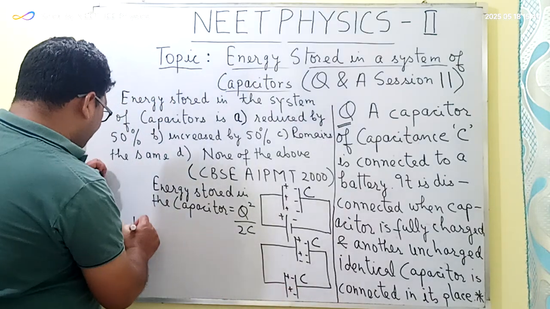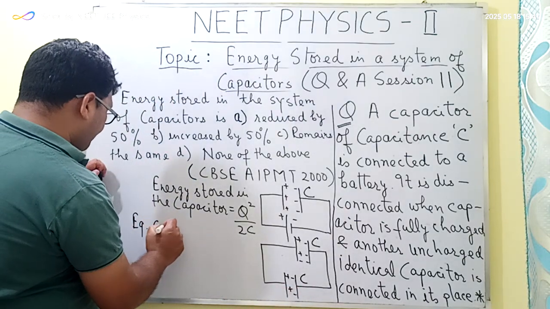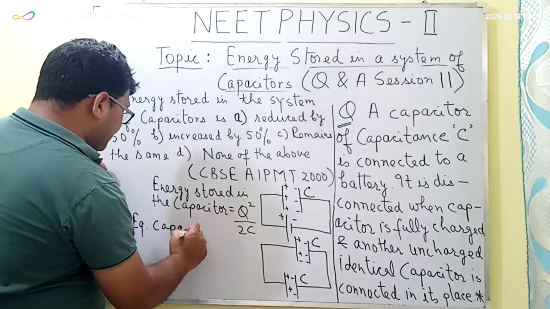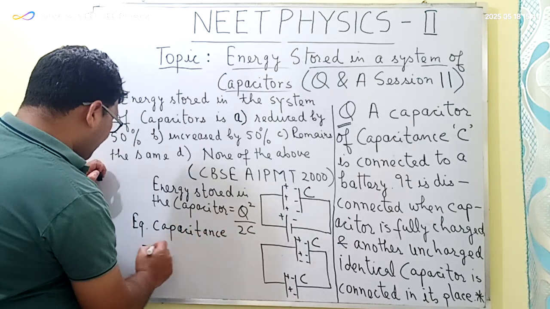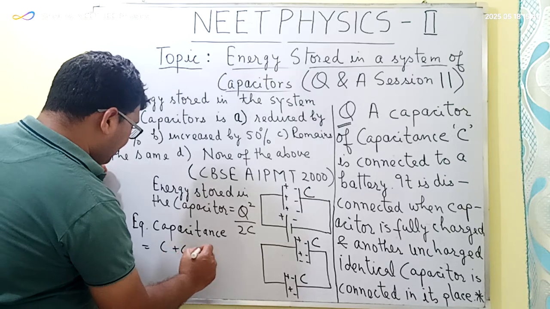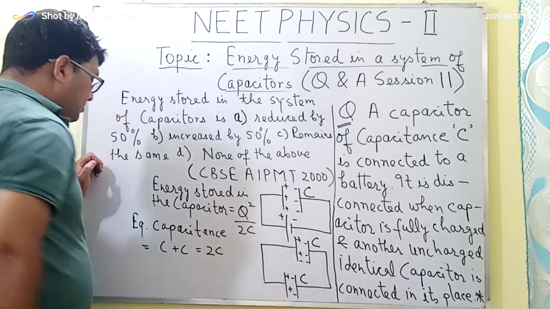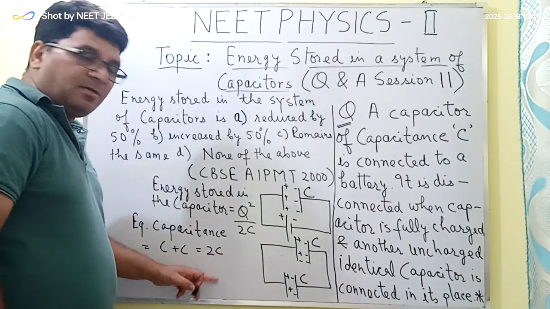So the equivalent capacitance of this system of capacitors will be equal to C plus C, which is equal to 2C.